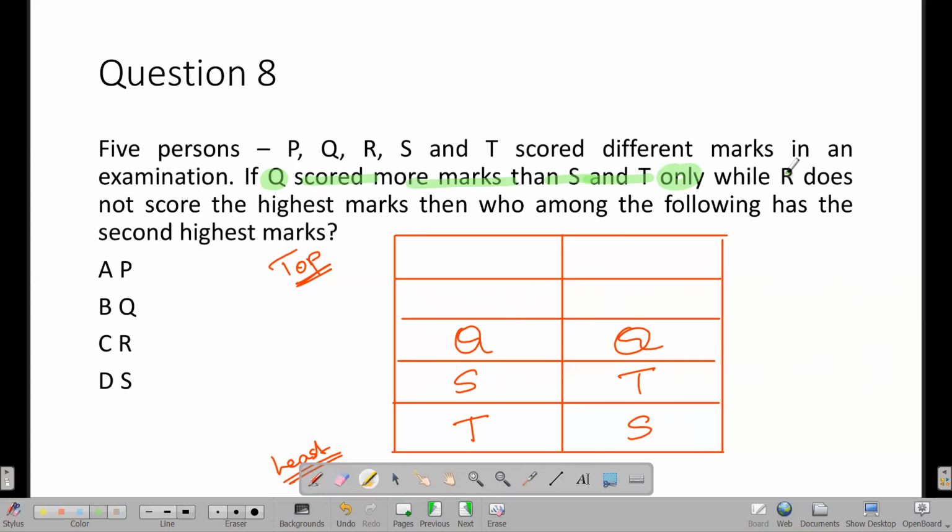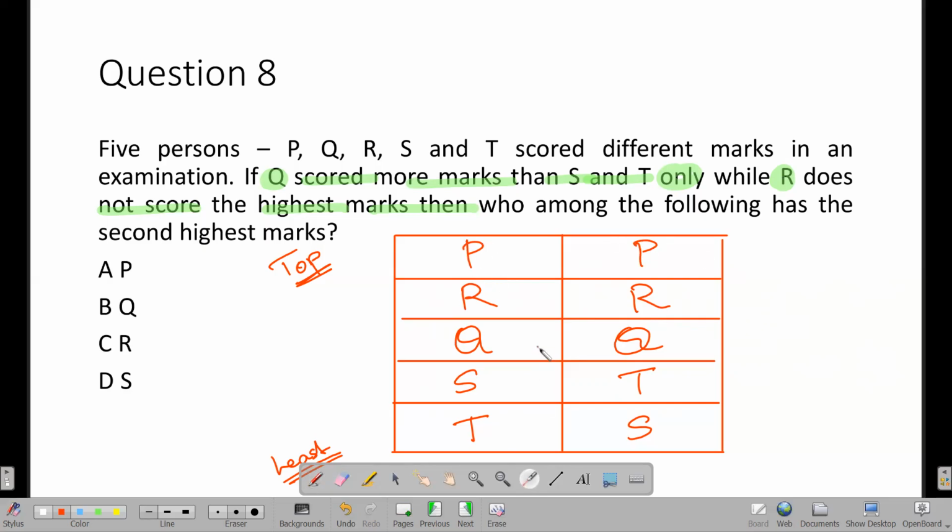Now, it is given R does not score the highest marks. So you cannot write R in the topper's position. R cannot be written here, which means you can consider R only over here. Got it? Now, who is remaining? P is remaining. So you can write P over here.